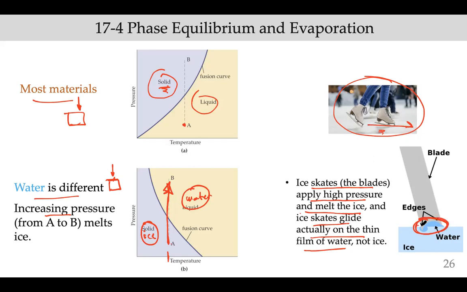And because water is liquid, that makes the person glide on that water. Of course, when the person goes away, the melted water freezes again because there is a huge amount of ice below it. So that water is only produced momentarily, but that's enough for skating.